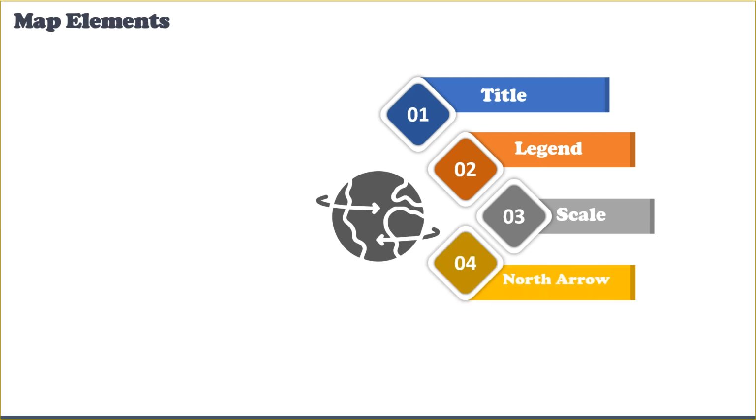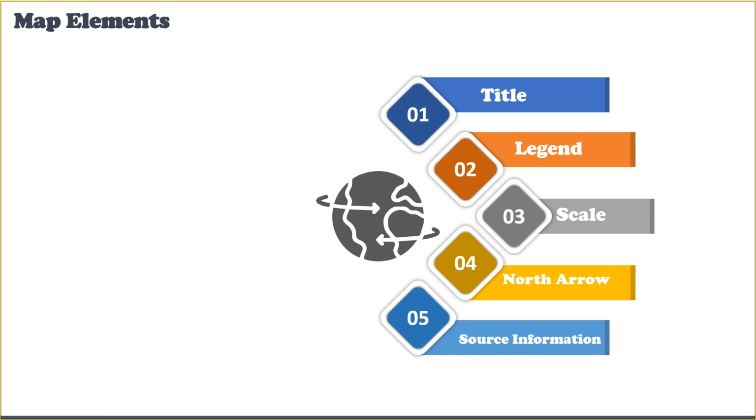The third one is the north line. What I talked about earlier, that European people developed that concept since the medieval period, the north arrow. This is very important to understand which side is north, west, east, and south. This is one of the properties or elements of a map. You need to understand that. And the source of information.